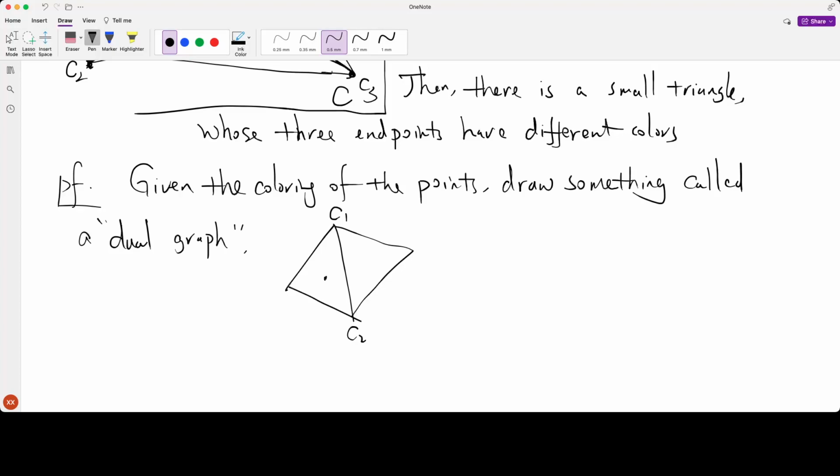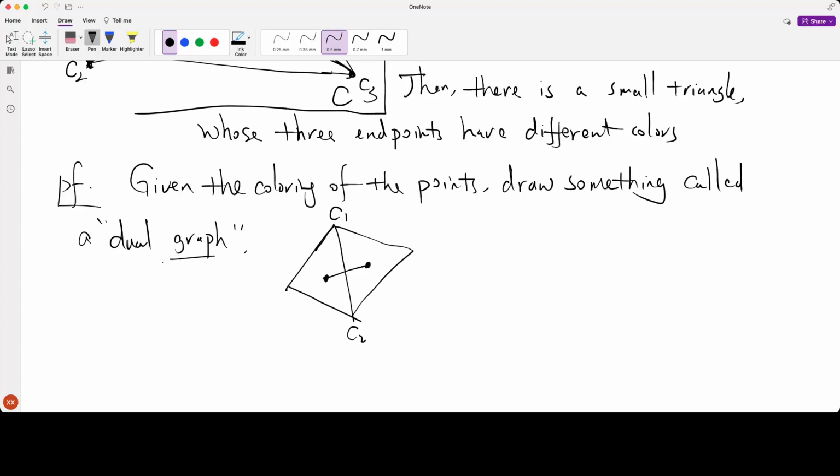So what's the graph? The vertices of the graph is every triangle. So for example, this triangle represents a vertex of the graph. This triangle represents a vertex of the graph. They have an edge if and only if this.